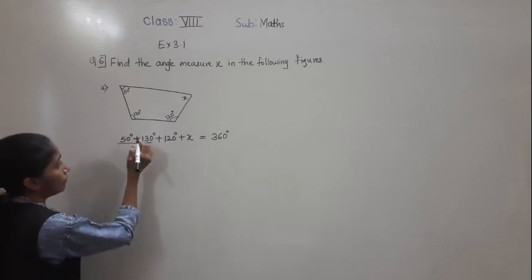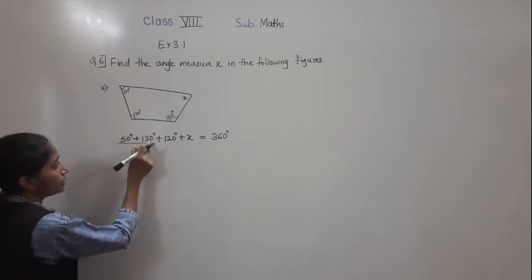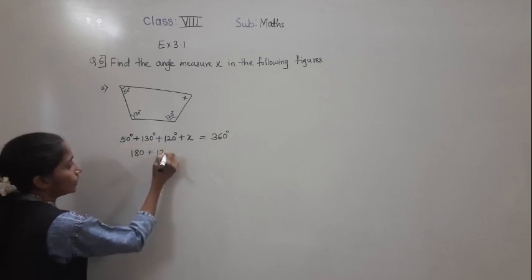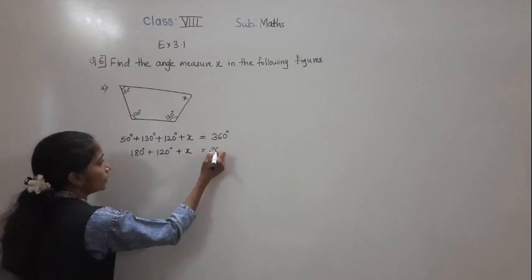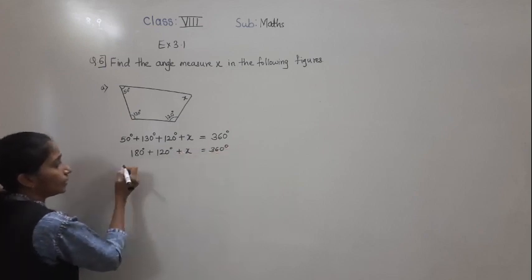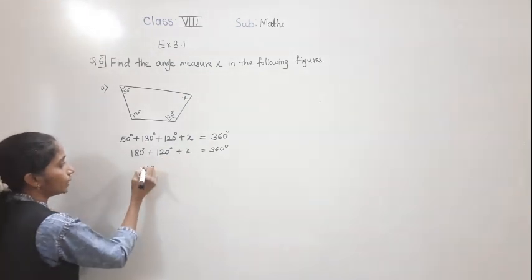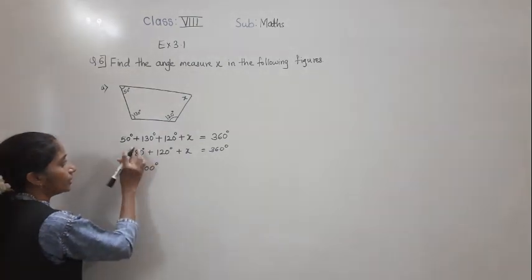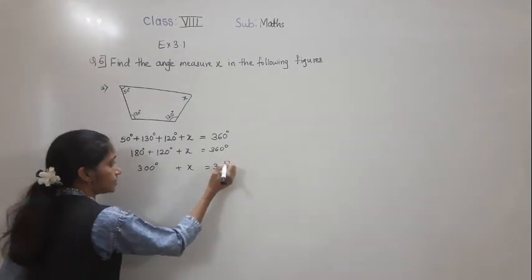So first we will find this: 50 plus 130 is 180, plus this 120 degrees plus x is equal to 360 degrees. Now 180 plus 120: 0 plus 0 is 0, 8 plus 2 is 10, 1 is carry, 1 plus 1 is 2, and 1, so 300 degrees we got, plus x is equal to 360 degrees.